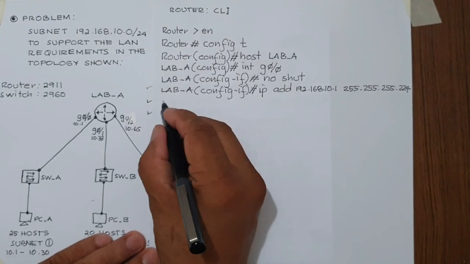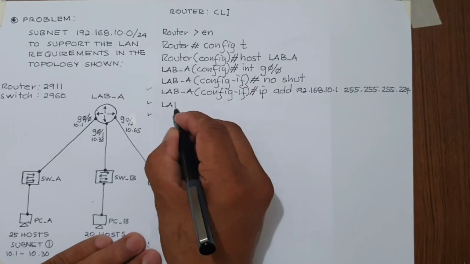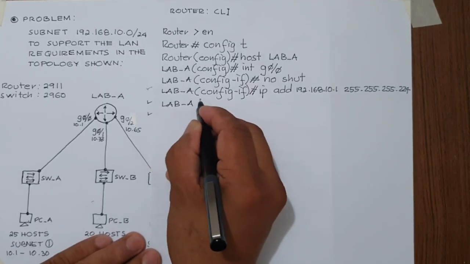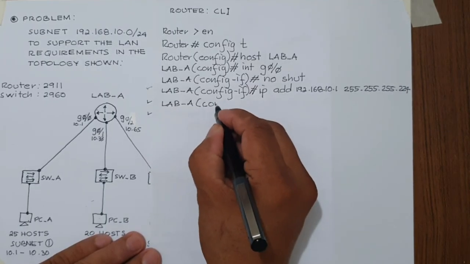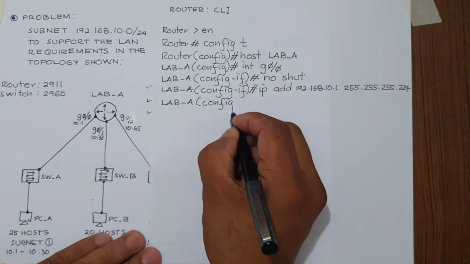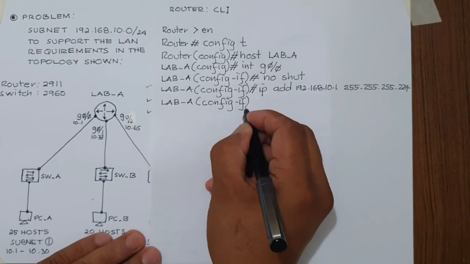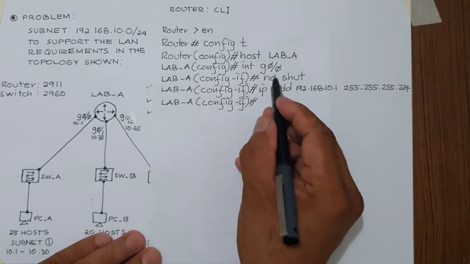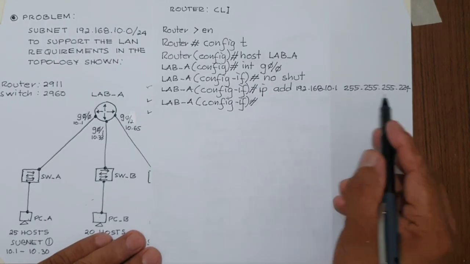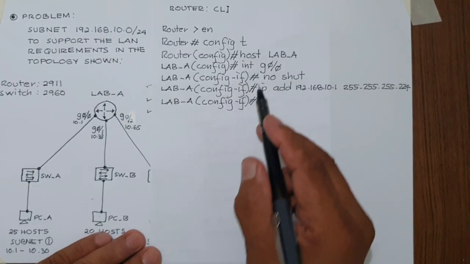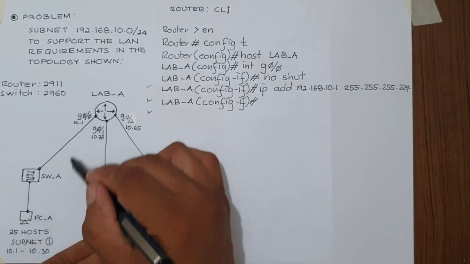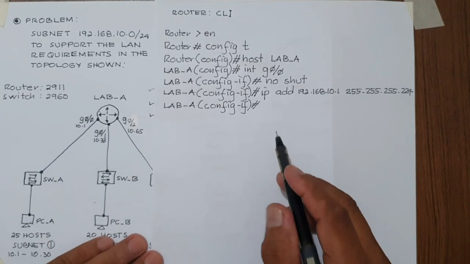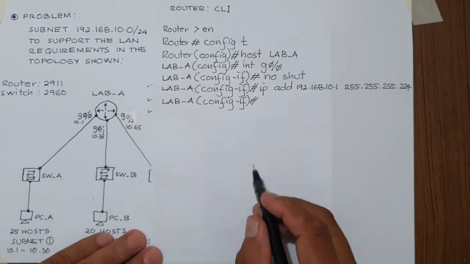Press enter. We will maintain the same prompt. So we were able to turn on the interface and assign an IP address for it that will serve as the default gateway for the LAN where that interface connects.